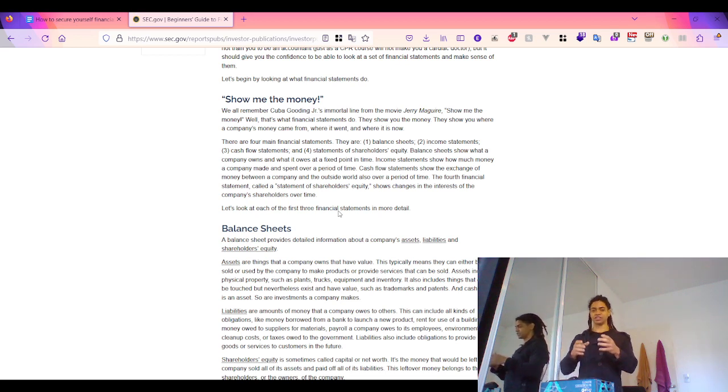Intangible assets, another common operating asset, like patents, are exclusive rights for creators or inventors to manufacture, distribute and sell their inventions over a period of time.